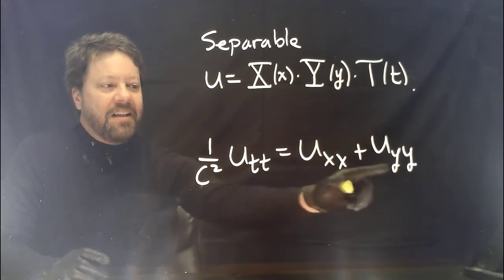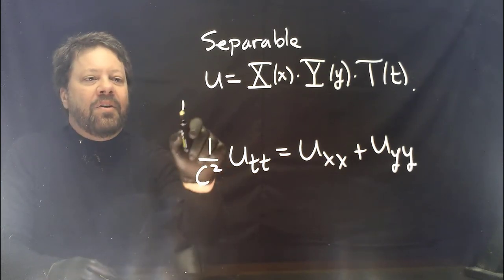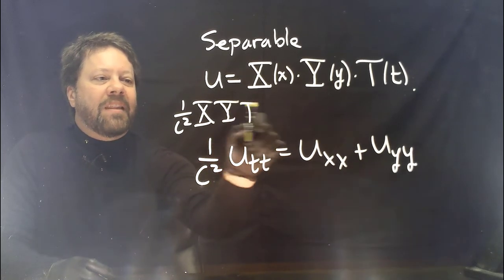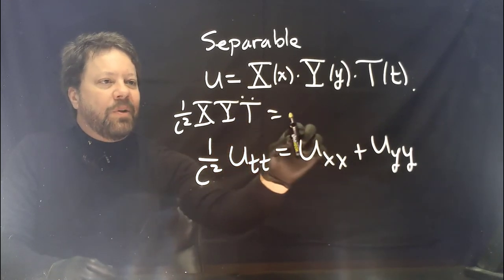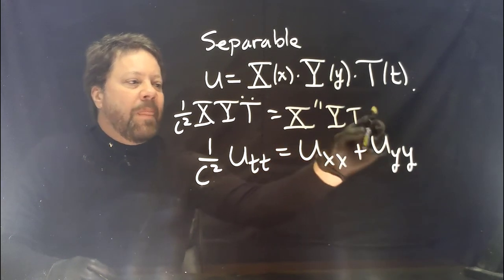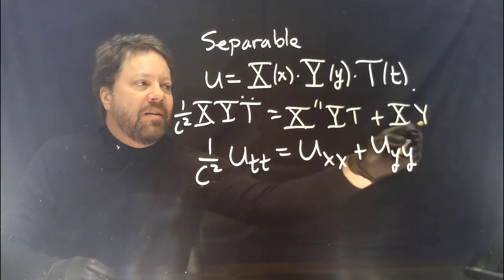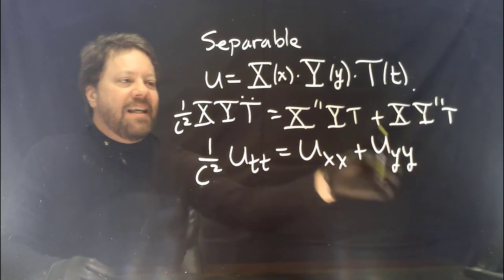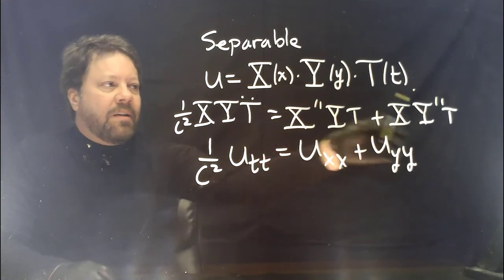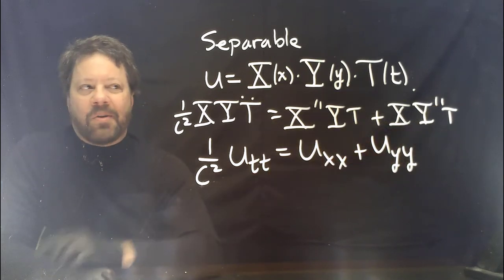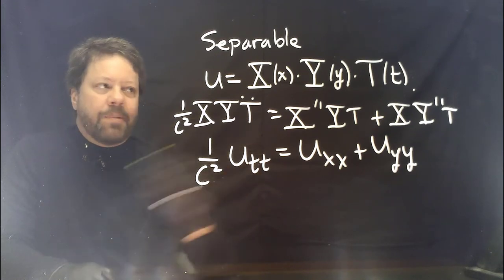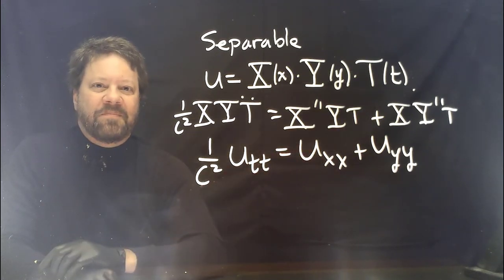Plugging this into the differential equation gives 1 over c squared big X big Y t dot dot equals x prime prime y t plus x y prime prime t, where the prime on the x refers to a derivative with respect to the x variable, whereas a prime on the y represents a derivative with respect to the y variable. So these are different derivatives. Dots, of course, represent derivatives with respect to the time variable.